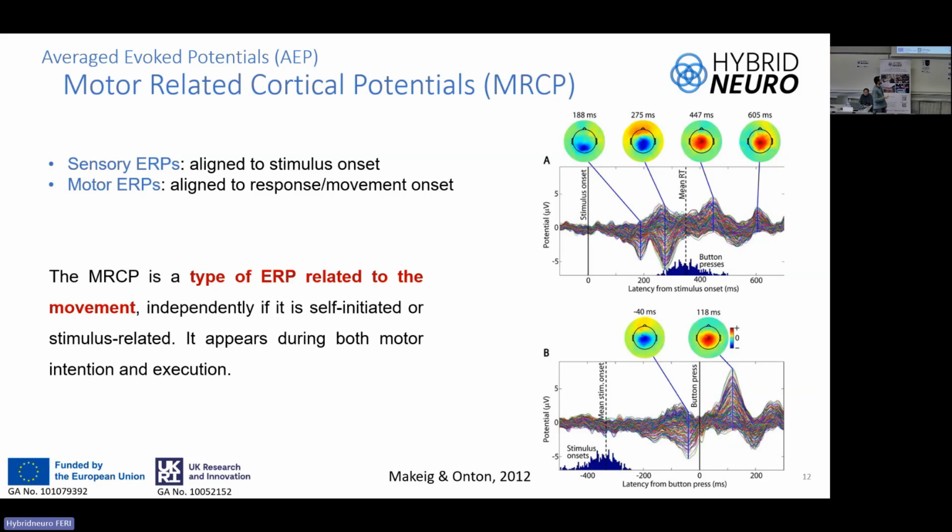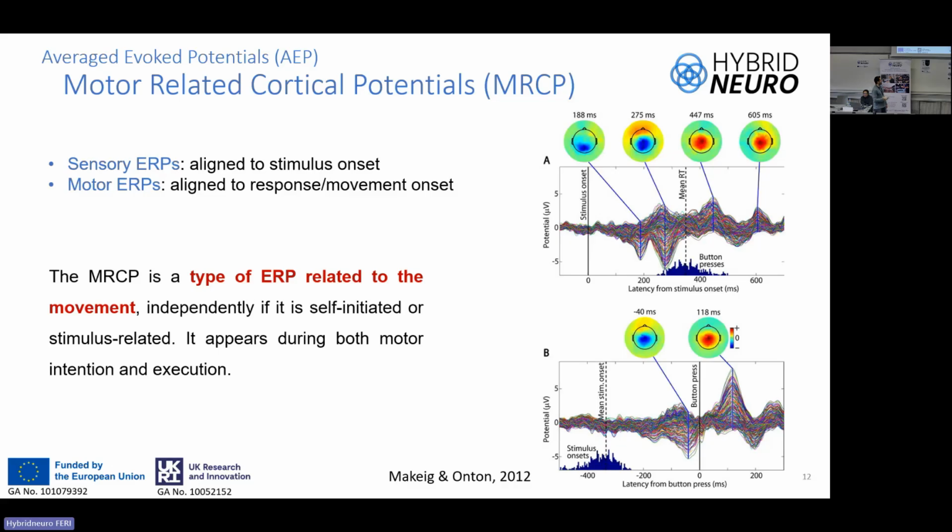In this figure, there are the same data. It's a motor task, and this is if you align the trials to the stimulus onset. In this case, we have the average of the response time, and this is the butterfly plot that we obtain.